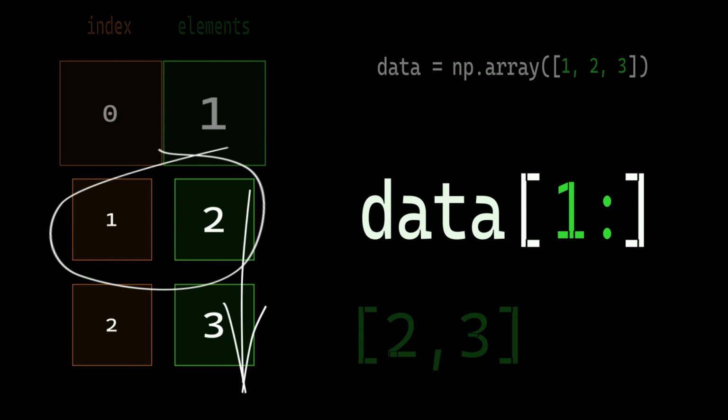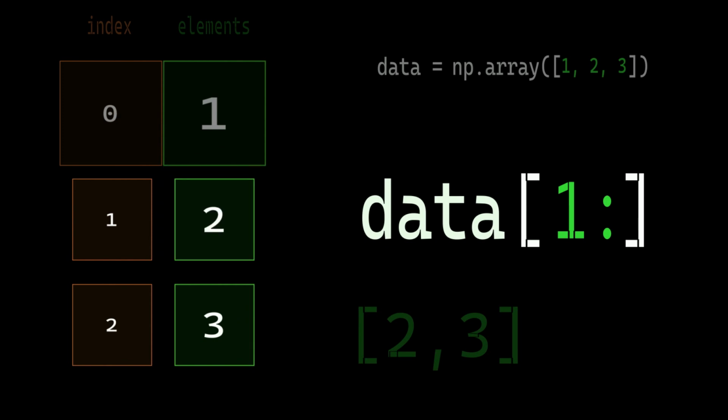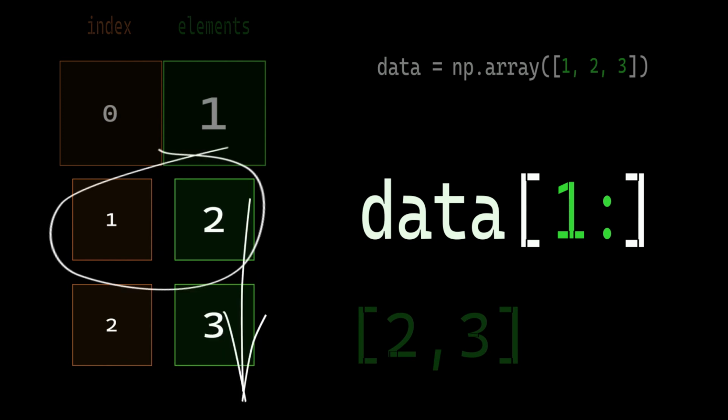It is one way to extract all elements from the second to last element to the end of the array. There is also another way to extract all elements starting from the second to last element to the end of the array.